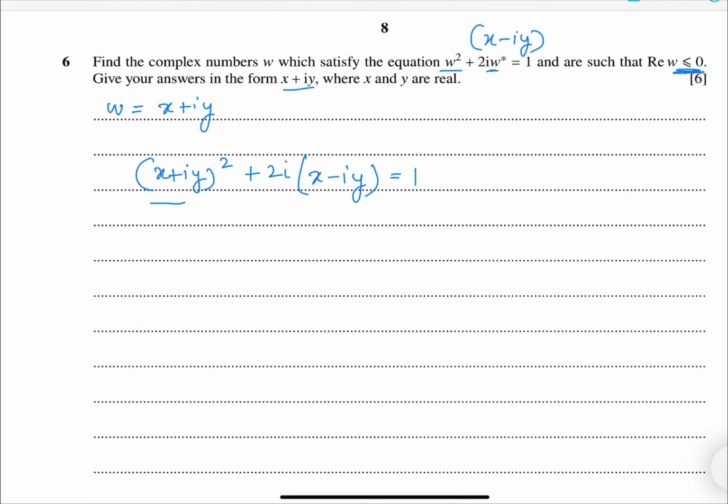What would it be? It would be a square, that is x square, plus 2 into x into yi, plus (iy) whole square, that is negative y square. How, sir? i square is negative 1, I told you. So plus minus y square.